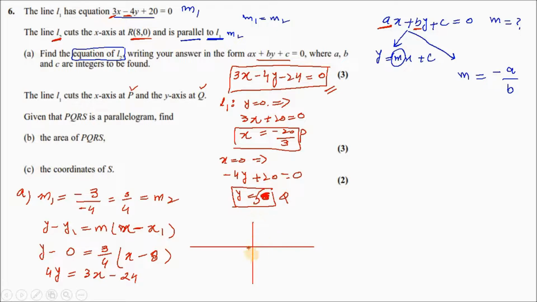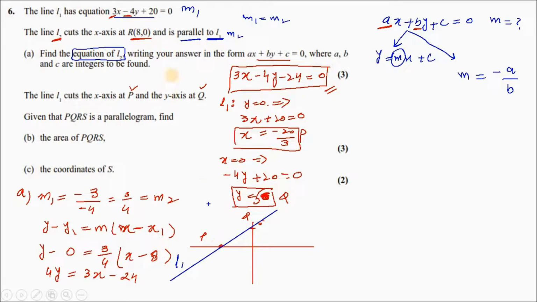That means the y-intercept is 5. And this is minus 20 over 3, which is 6 point something. So you can imagine, okay, fine. This is your point Q, and this is point P, and your line is something like this. This is your L1.